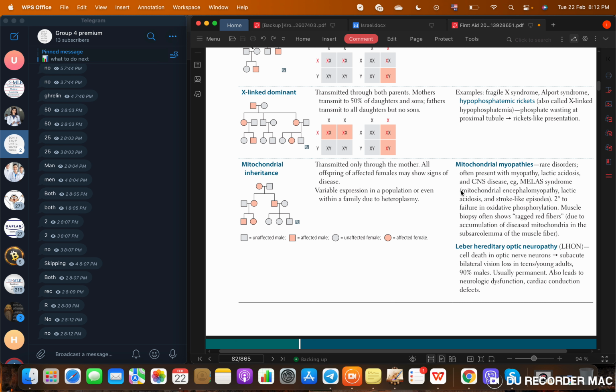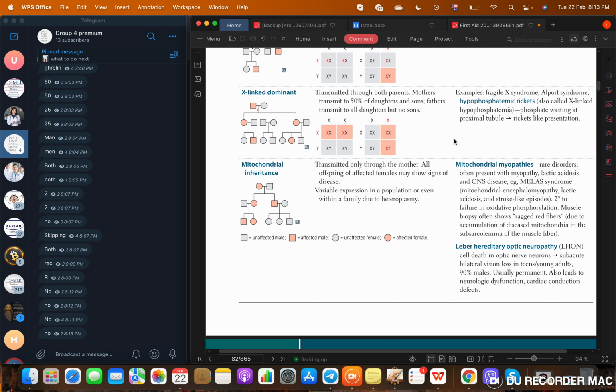It's an X-linked disease. So can the father transmit it to his sons? As you can see here, the affected father does not transmit it to his sons. So it's transmitted through both parents. The mother transmits to 50% of daughters and sons, but the father transmits to all daughters but no sons.